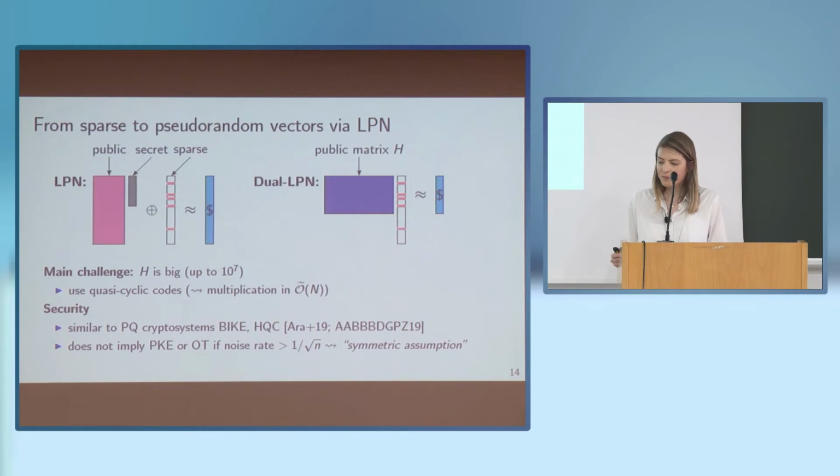And why is it called a symmetric assumption? It depends on the noise rate that you choose. If you choose a large enough noise rate, then it's not known to imply public key encryption or similar, so you can say it lives in the symmetric world.